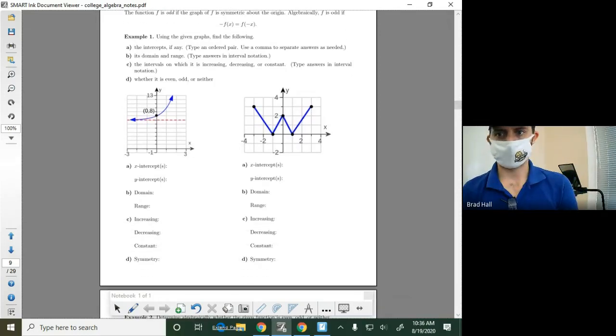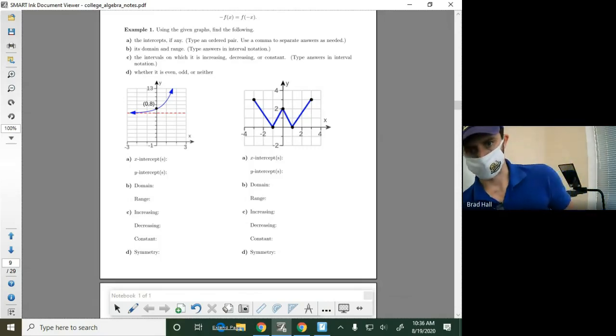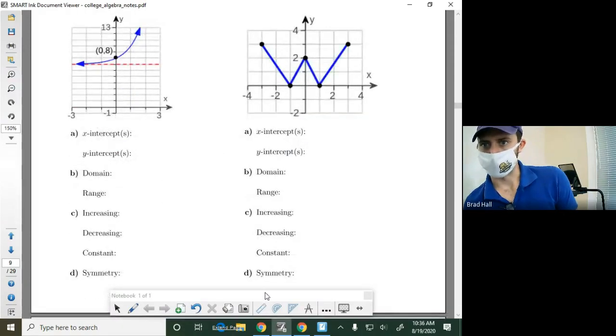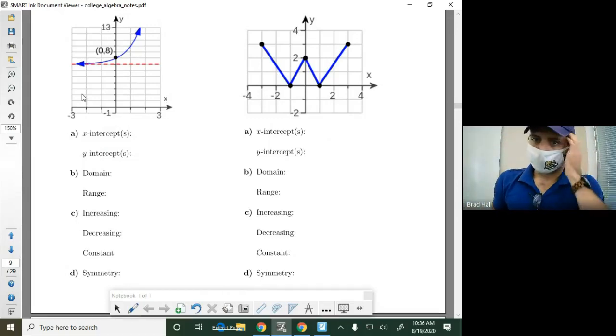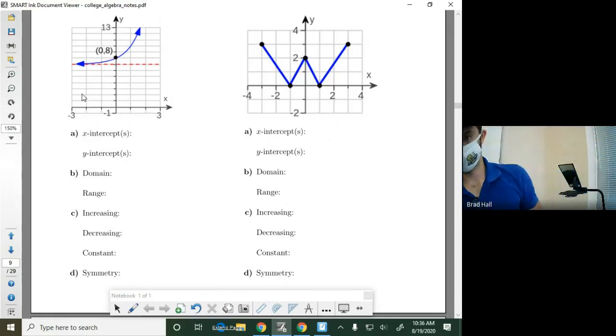So we're looking for the intercepts, domain and range, intervals, all that fun stuff. All right, so start off with the leftmost graph, and let's go ahead and find the intercepts, if any.